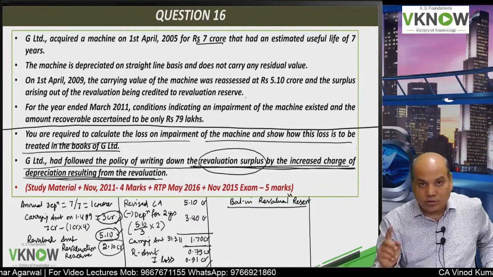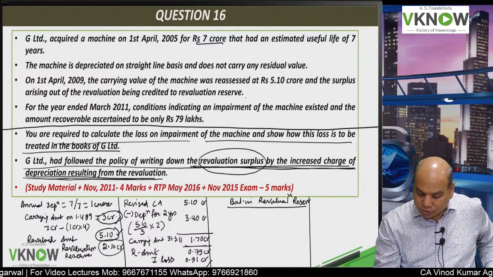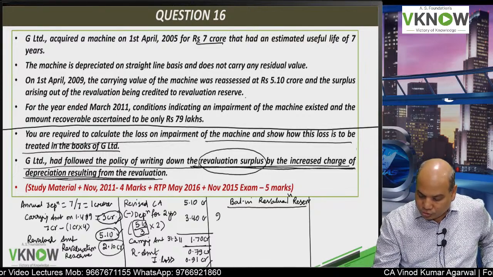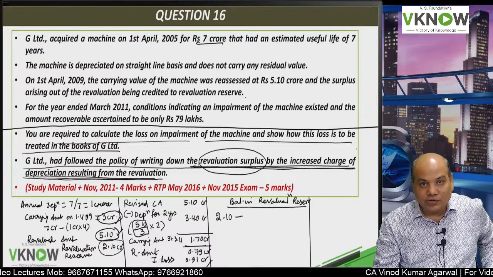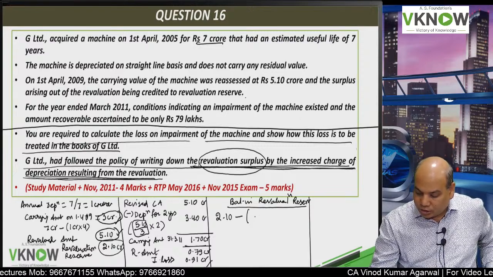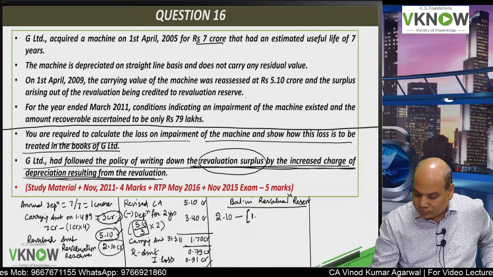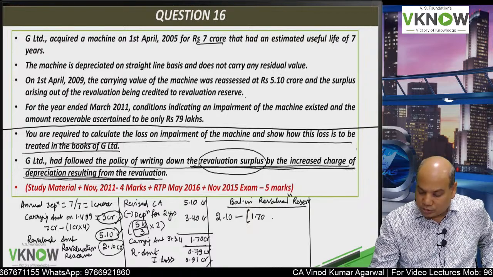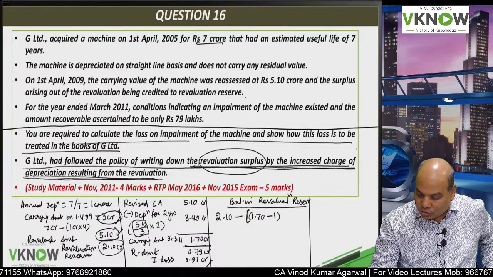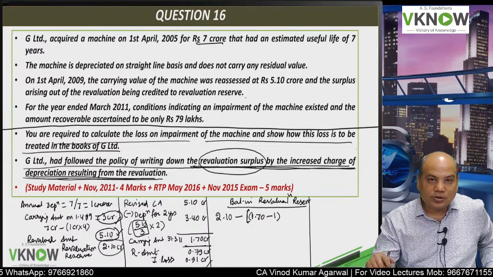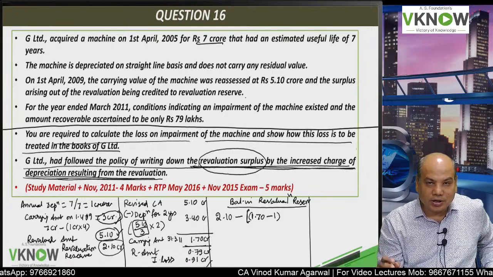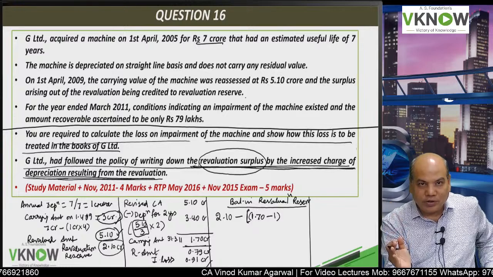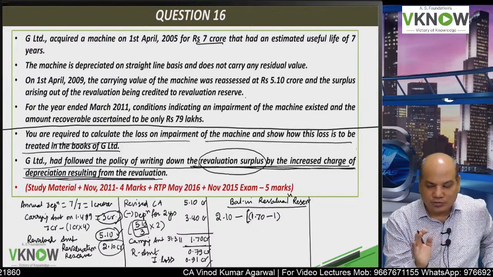Earlier depreciation was 1 crore. Now depreciation is 1.7 crore. So 2.10 was my balance in the beginning, and the extra depreciation is 1.70 crore now after revaluation minus 1 crore depreciation provided earlier. So that excess depreciation they are debiting to revaluation reserve, crediting general reserve.